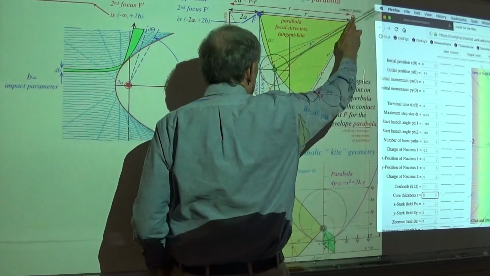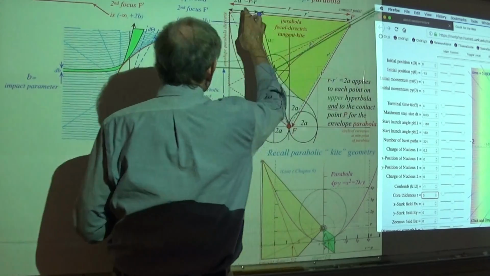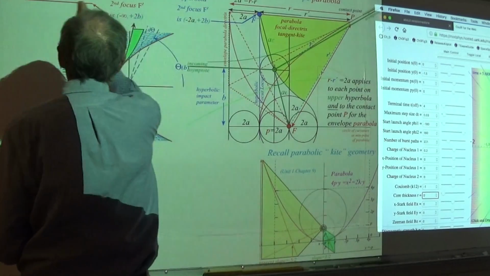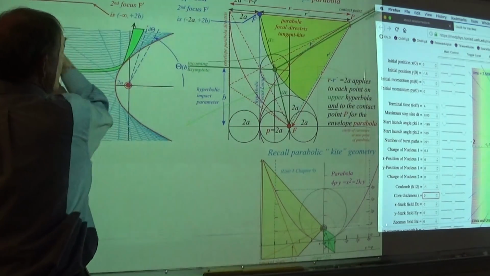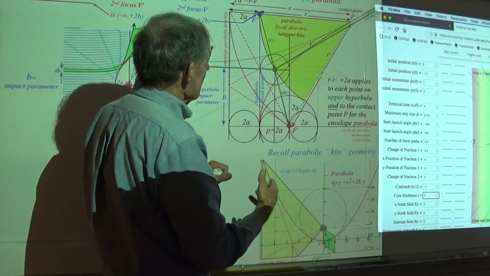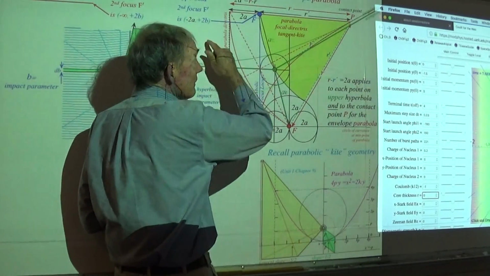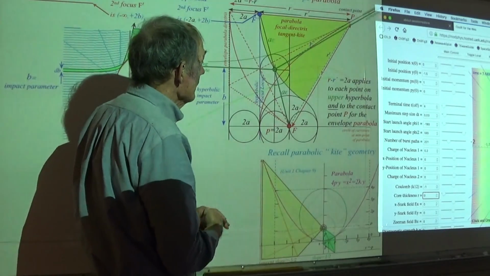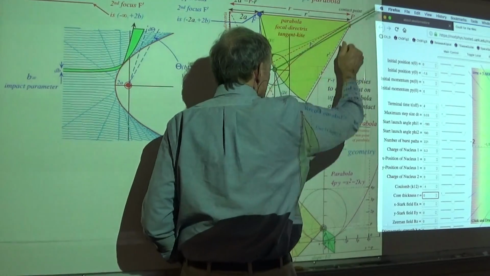And remember that contact point is being played off of this focus here, as well as the second focus. This is a parabola though, so its focus is at infinity. The envelope parabola's focus is, there's only one of them, the other one's gone. But then this is the other focus right here, it has to be in line with that one at infinity. And so you then finish this construction just by having that particular point there.